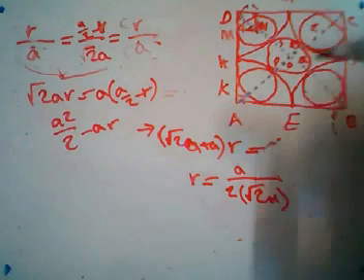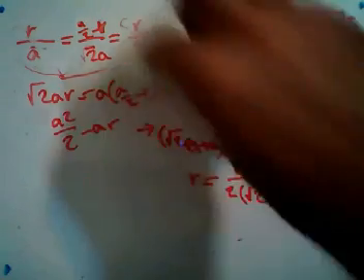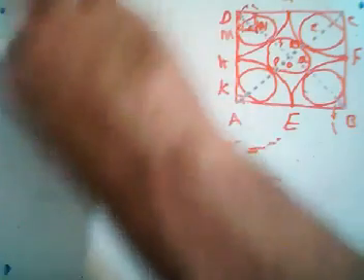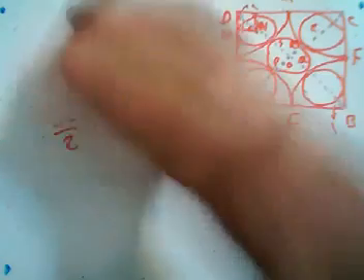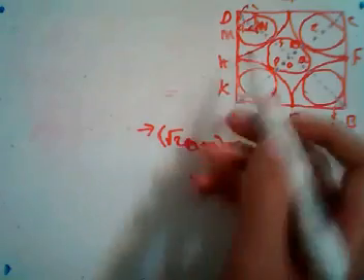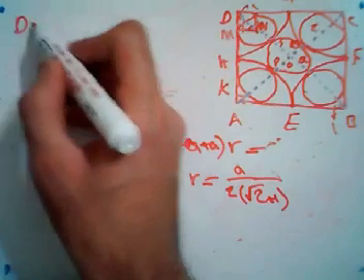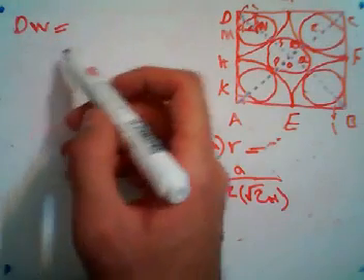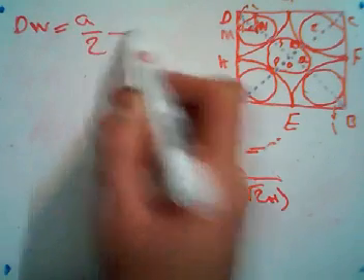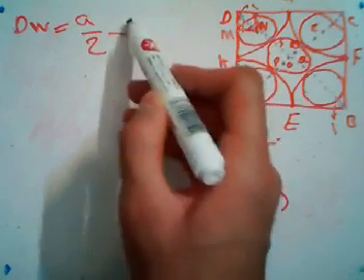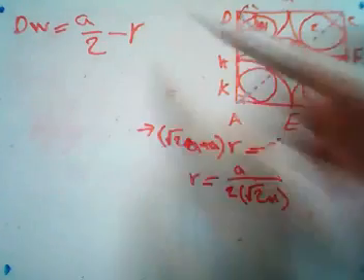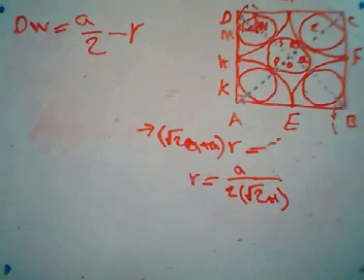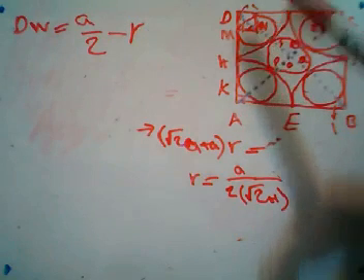The distance of its center from D, as I mentioned before, which is DW, is the radius of the quarter, which is A half, minus the radius of the inscribed circle, minus R, which is this. Now you could easily calculate it.